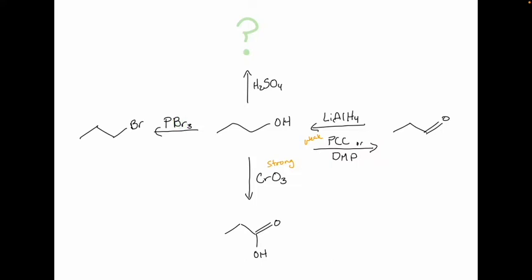And then this one I feel like is one of the harder ones to remember for no good reason. Does anybody remember what functional group we get if we treat an alcohol with a strong acid? These are these elimination reactions. They create alkenes.